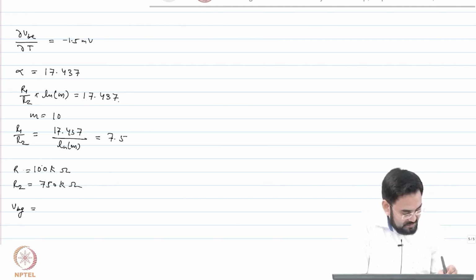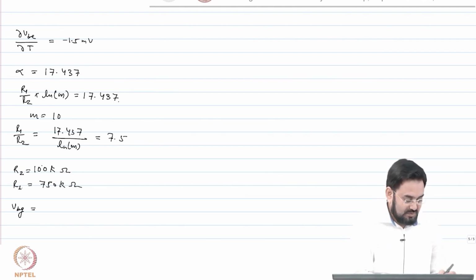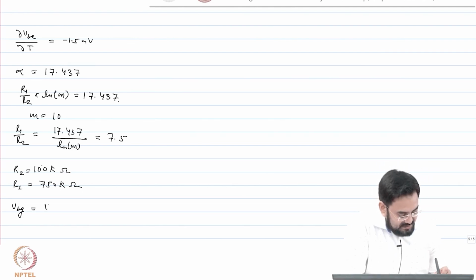So this is R2 and this is R1. Correct. So what was the VBG, VBG at room temperature?